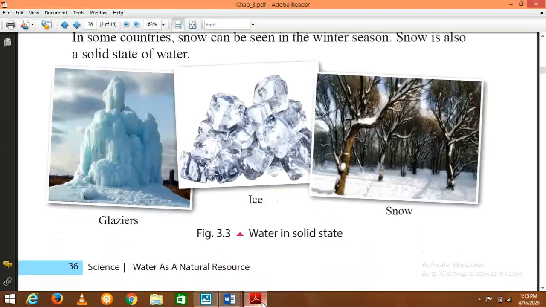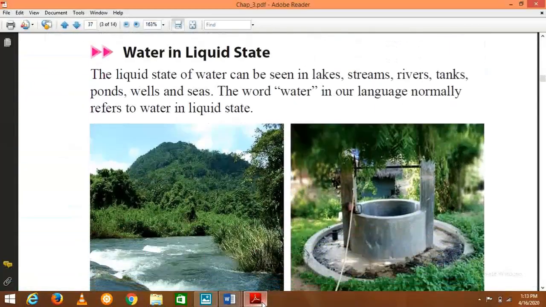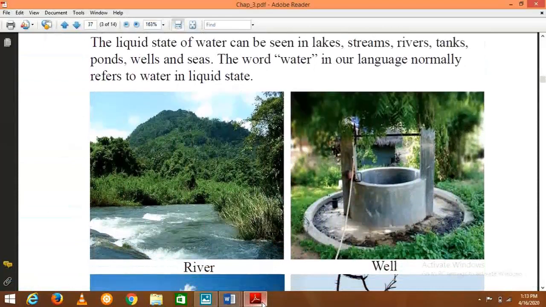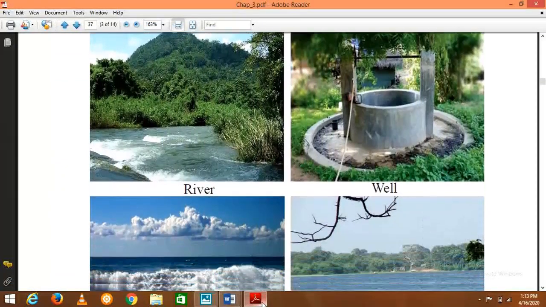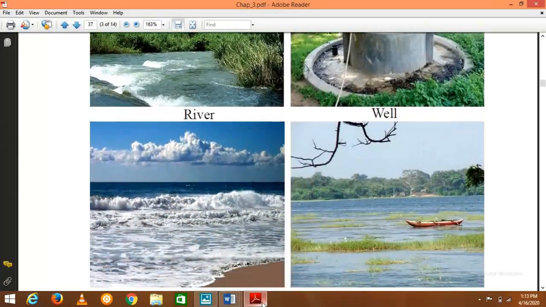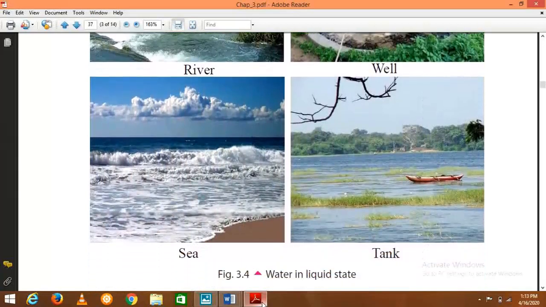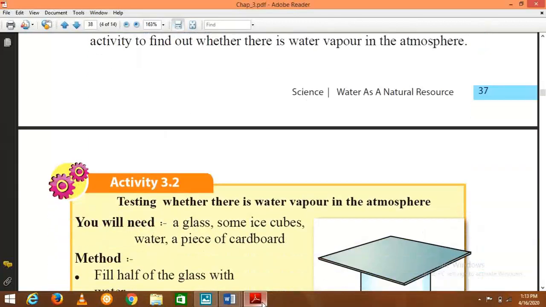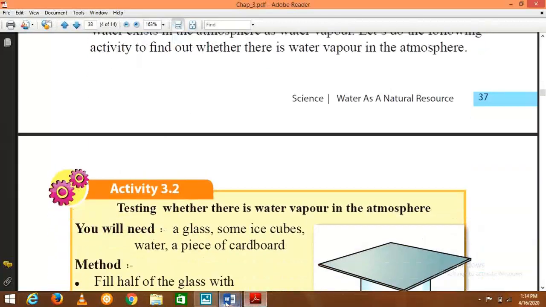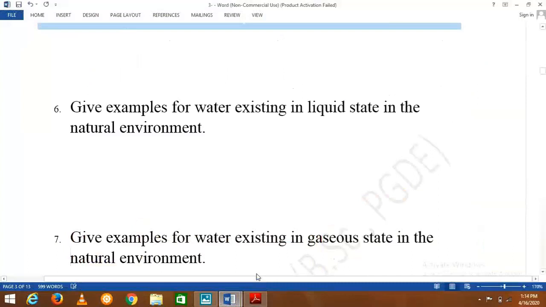Here you can see a river. Well is a man-made structure, and sea, a tank is shown. Water existing in the liquid state. Right. Then we'll move on to the next question.